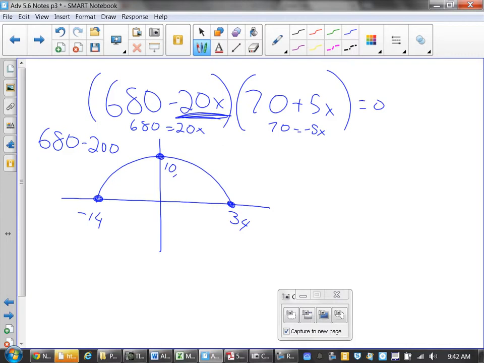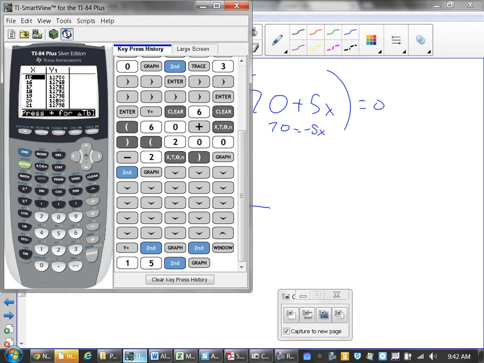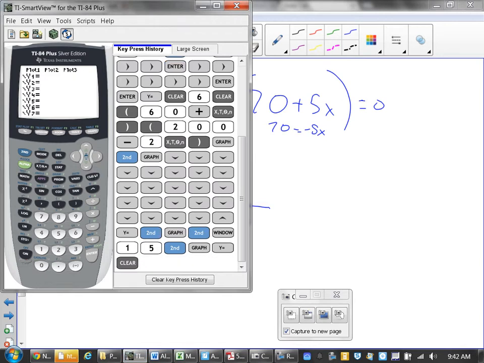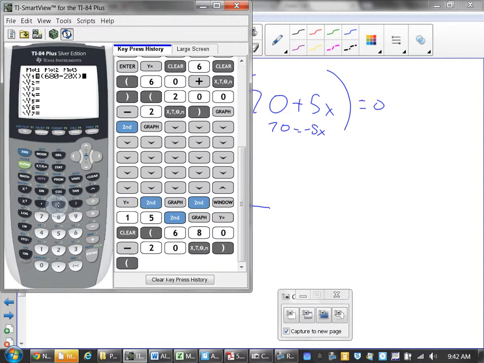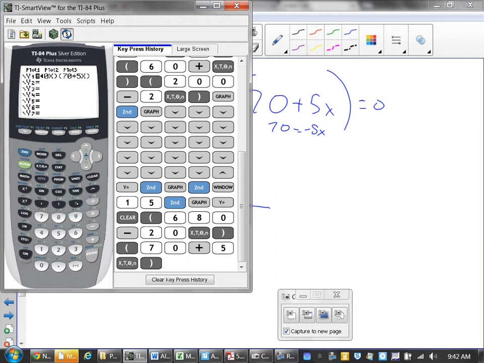Okay. See, what we're doing here is we're just finding this value. When you're working with this style where you have a price and sales units, it's very simplistic: get the zeros, find the maximum. In the calculators, if you did it that way, what was it, 680. And when I graph this one, again, I don't think I'm going to be able to see it. I want to go through the window. So where was it?